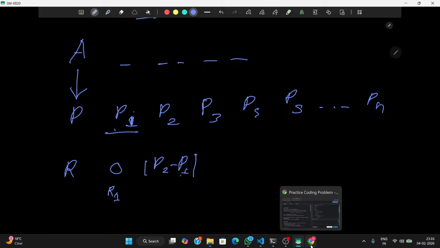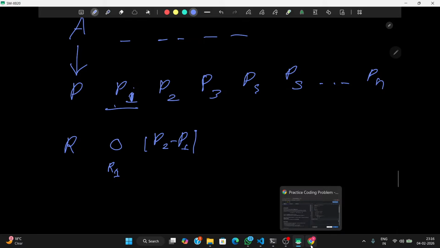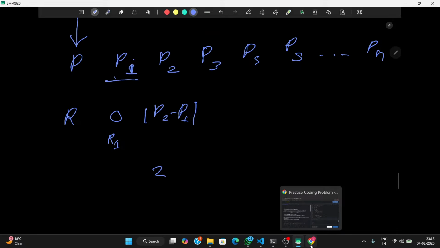Now, if P2 and P1 are equal, somewhere in the array we will find an element that is distinct. So let's consider that here the first two elements are distinct only. So if this mod does not become one, and becomes some element greater than one, let's say this R2 becomes two. R1 was zero.